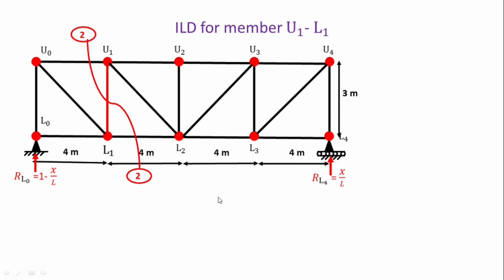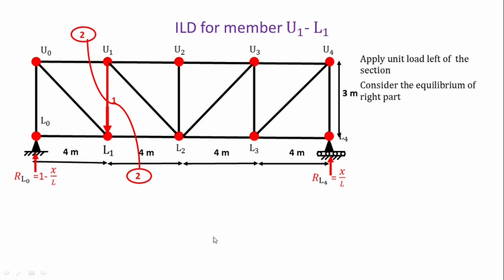Then move this load to the next joint, that is the L1. So again that is the left hand side of the section. So apply unit load on the L1 and we are applying the load on the left hand side, so consider again the same condition, that is the equilibrium of the right hand side part.